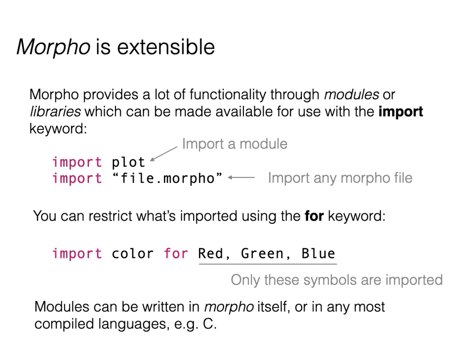We can control which symbols are imported from a library using the for keyword. So here we're importing the color library with red, green, and blue. The key idea is that only these symbols will be imported. Everything else in the library is ignored. Modules can actually be written in Morpho itself, or in fact in any compiled language such as C.